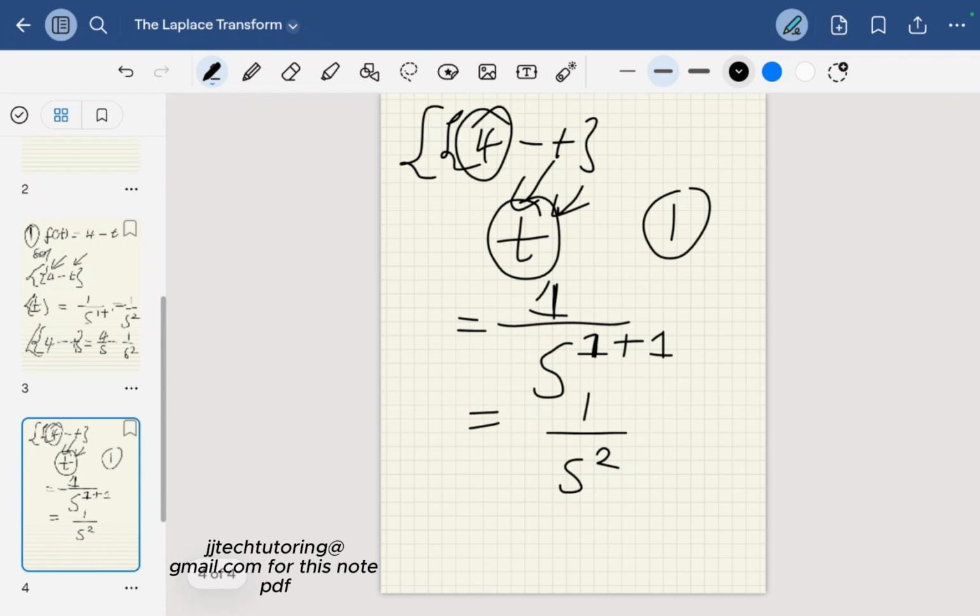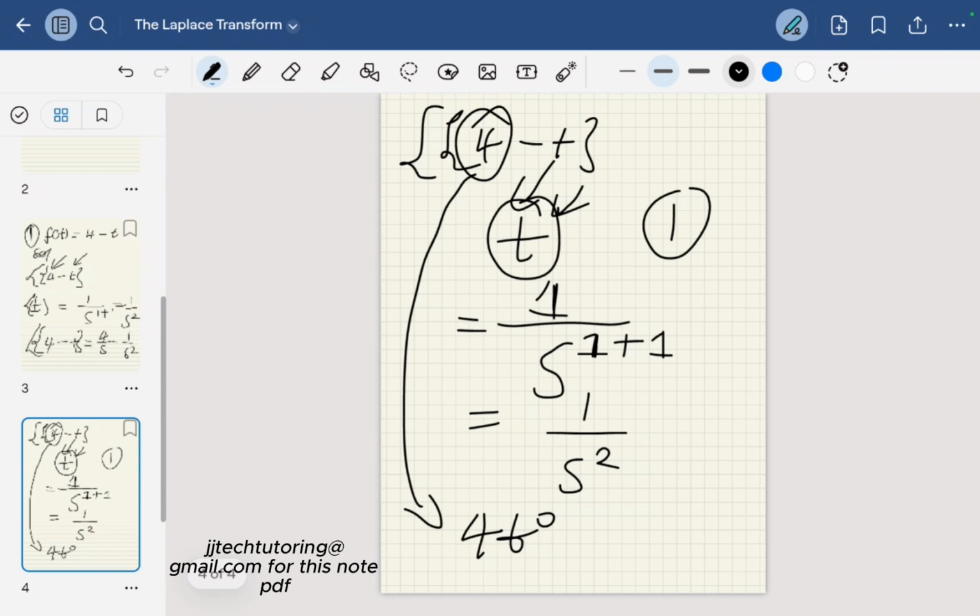Then let us find the Laplace transform of 4. The Laplace transform of 4 is just 4 divided by s. Why? Because the t that is beside 4 has the exponent of 0. It's just that they were lazy to write it, but it's there.